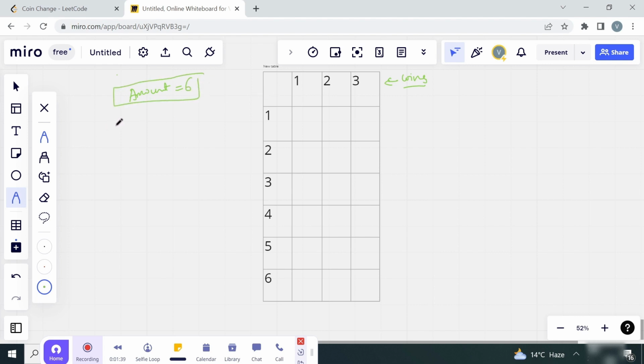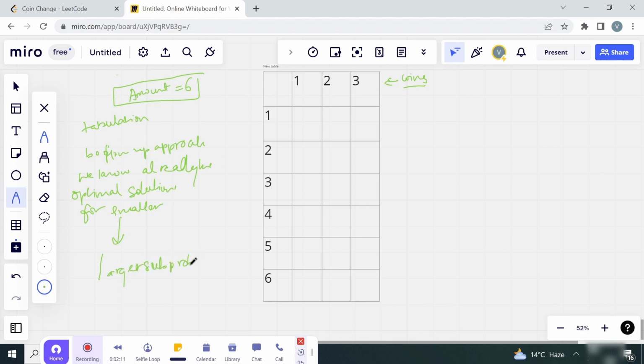So for the tabulation method, we know it's a bottom up approach. Like we know already the optimal solution for smaller sub problems, and we have to find for the larger sub problems with the help of smaller sub problems.